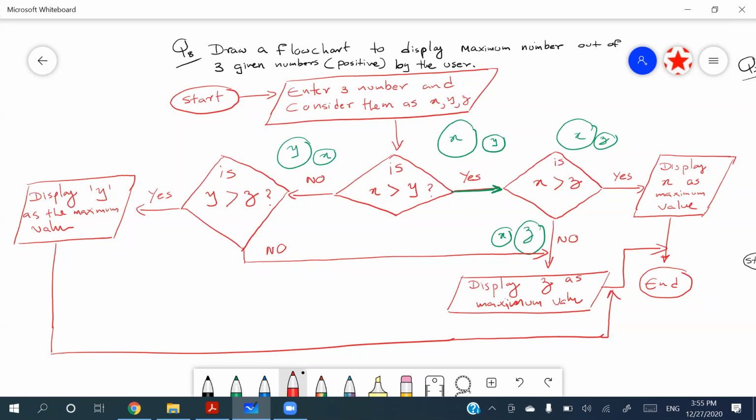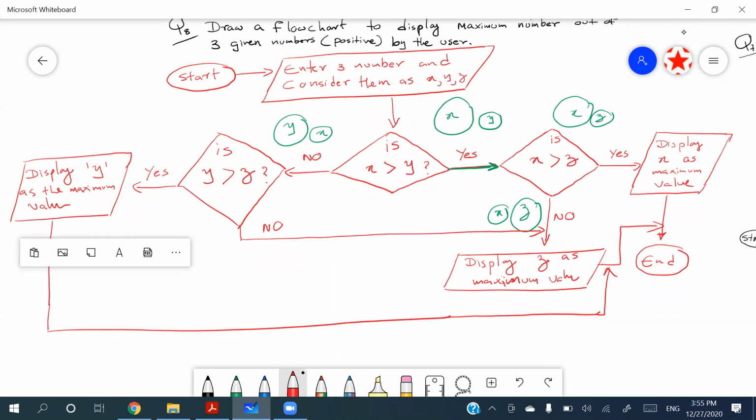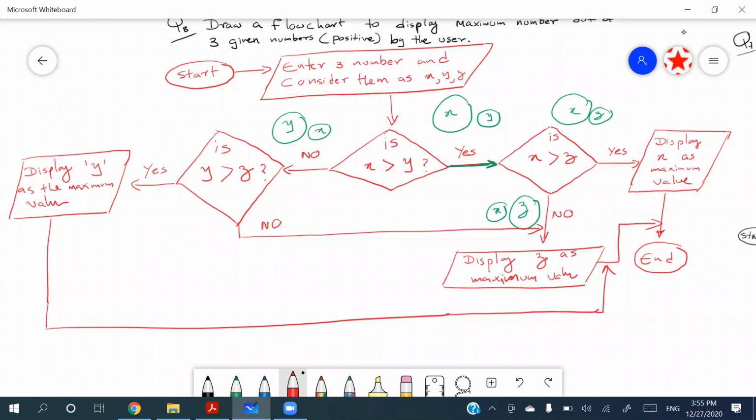Right, okay. I hope everyone is done with this example. If you need any time, just indicate to me. I'll shift back here. I'm going to write question number 9. Here comes question number 9.